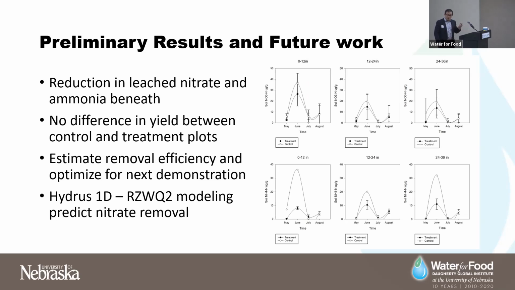Also there is no difference in yield between control and treatment plots. For future work, I need to correlate with the irrigation data and fertilizer data to estimate the nitrate removal efficiency. I also need to optimize our method for future demonstration.